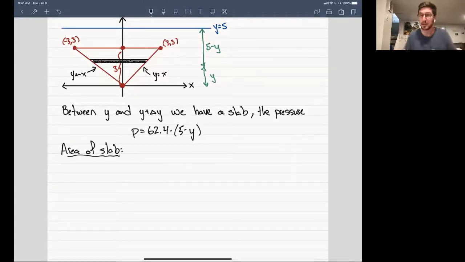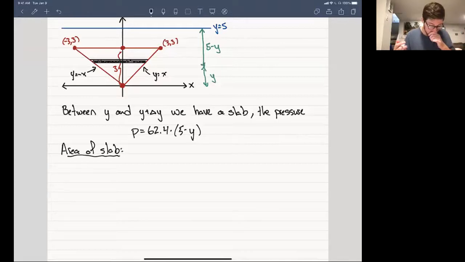So the area of this slab. Again, we're assuming this thing is equal to a perfect rectangle. So then we have a height of delta y, right? Because we're going between y and y plus delta y. And so that means, what is the length of this slab?